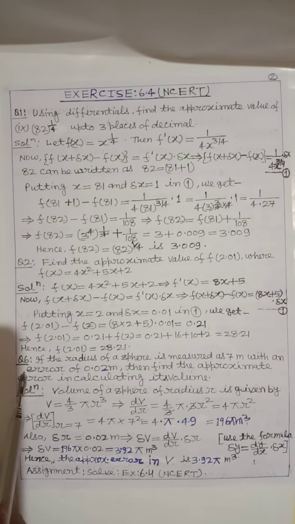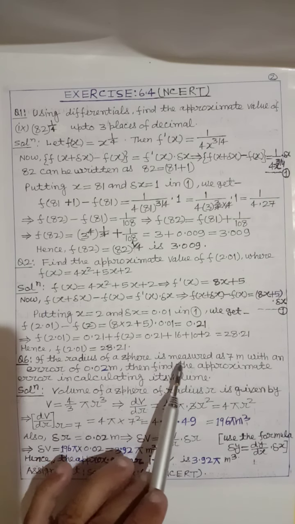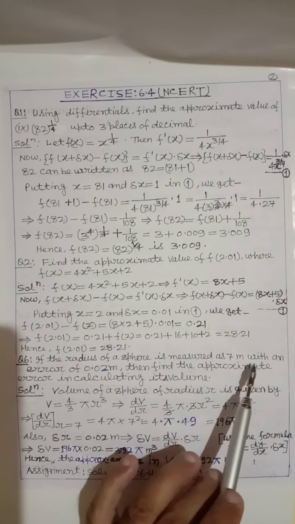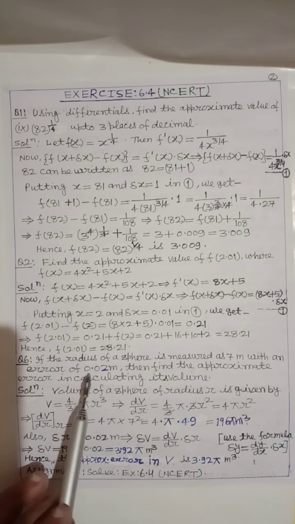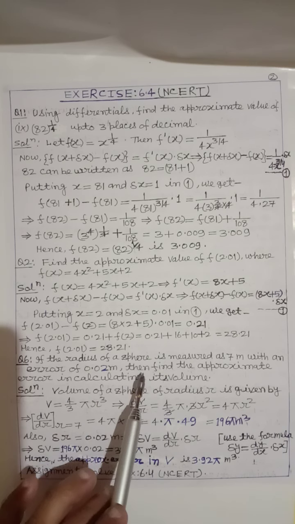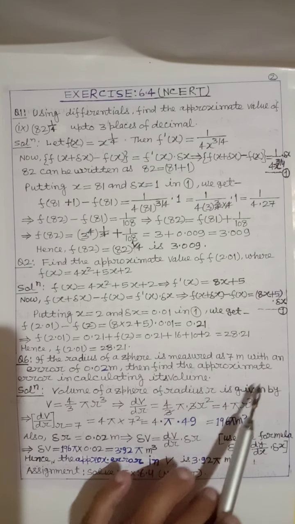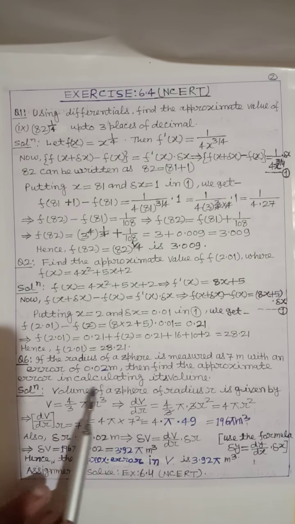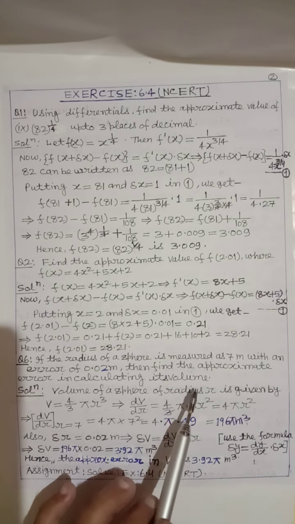One more question, that is question number 6. If the radius of a sphere is measured as 7 meter with an error of 0.02 meter, then find the approximate error in calculating its volume.